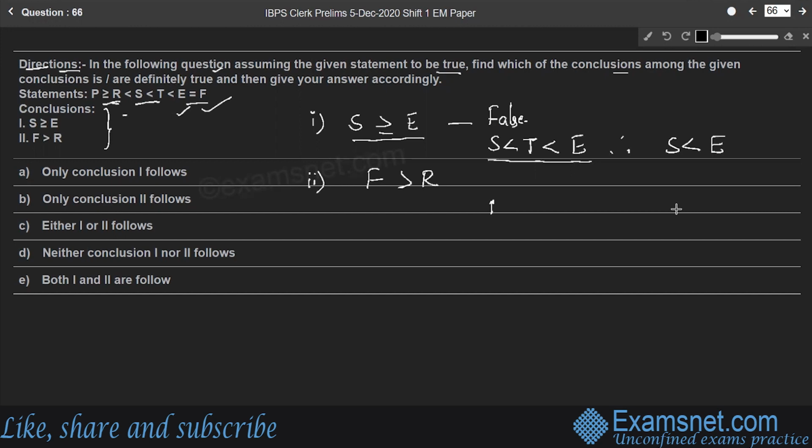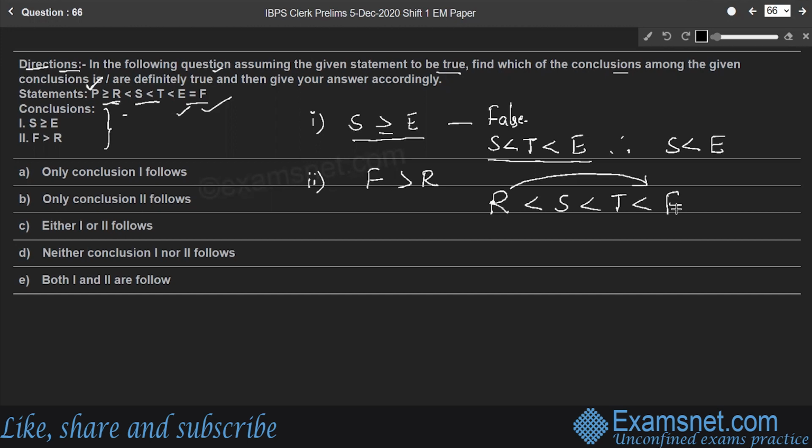Since P is greater than or equal to R, we just neglect the P part. Start from R. R is less than S. S is less than T. And T is less than E, which is equal to F. I can write T is less than F, right? So we can write R is less than F, right?